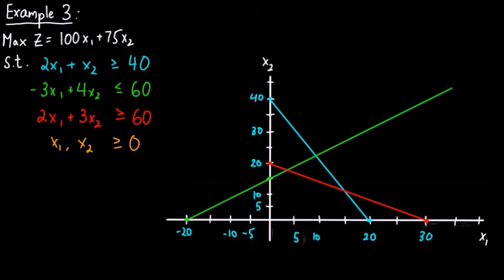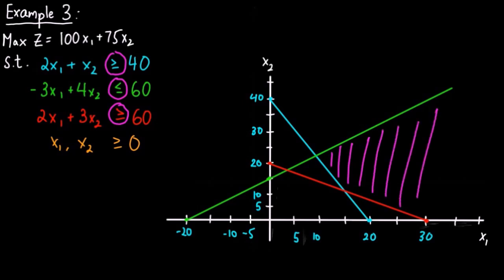So in finding our feasible region, we have to look at the inequality to see which direction we have to shade in. For the first constraint, we have to be greater than or equal to, so that means we must be above the blue line. The second constraint, we have to be below, and the third constraint, we have to be above. So putting all this together, our region will look something like this.